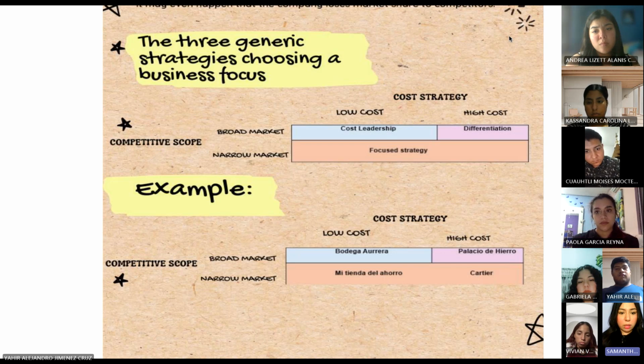For example, in a broad market, the low cost is Bodega Aurrera, and the high cost is Palacio de Hierro. In a narrow market, the low cost is Mi Tienda del Ahorro, and the high cost is Cartier. And this will be it.